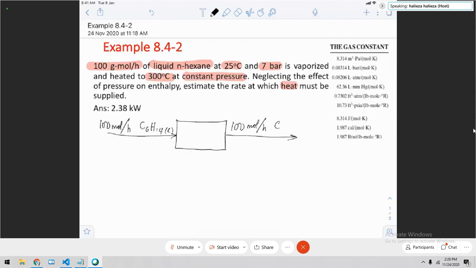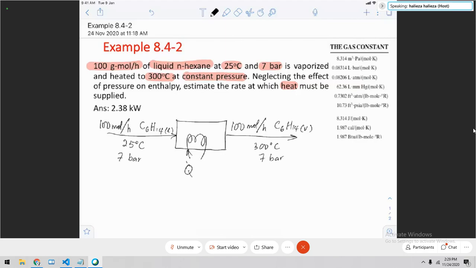Because nobody is responding to my question, we can check it up in appendix B.1. It's correct. Thank you, Sulaiman. Because I forgot all these chemistry symbols, trying to remember what's the symbol. That's 300 degrees C, 7 bar, same. Okay. Now, you are asked to get the amount of heat for changing your hexane from liquid to vapor.